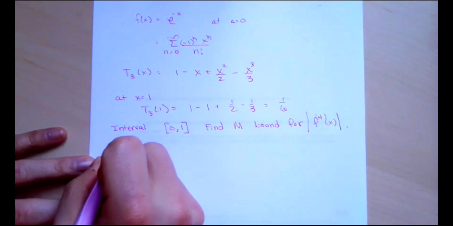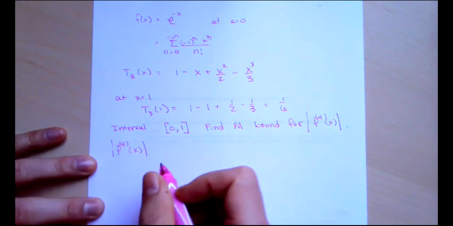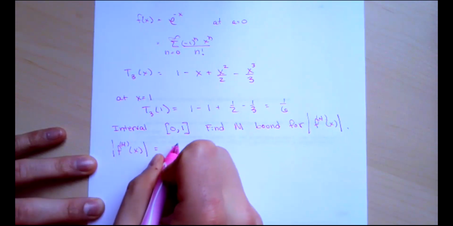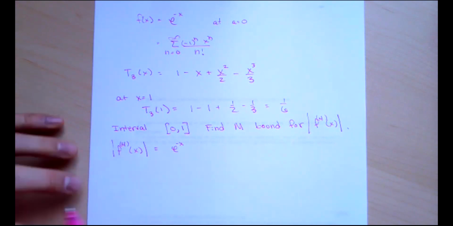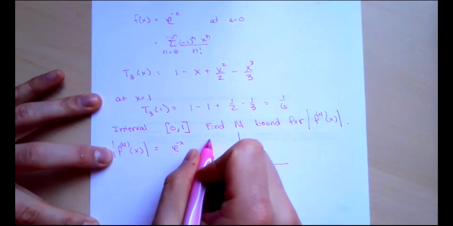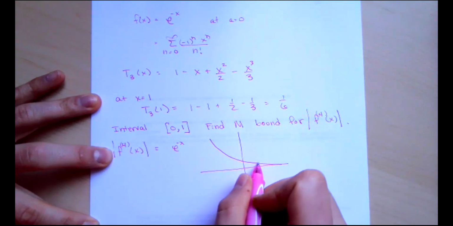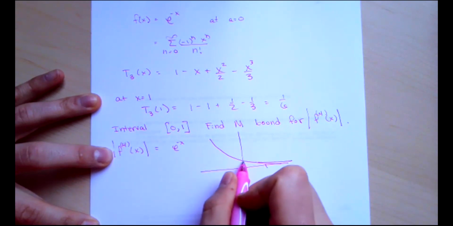Nicely enough, what's the fourth derivative? When I take the absolute value, we're going to get the same function back. And we know what e to the minus x looks like. It's going to be a decaying function. And our interval is between 0 and 1.